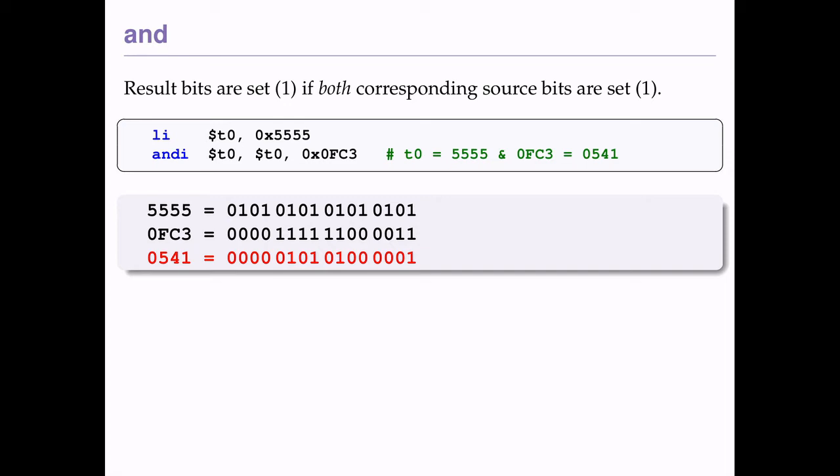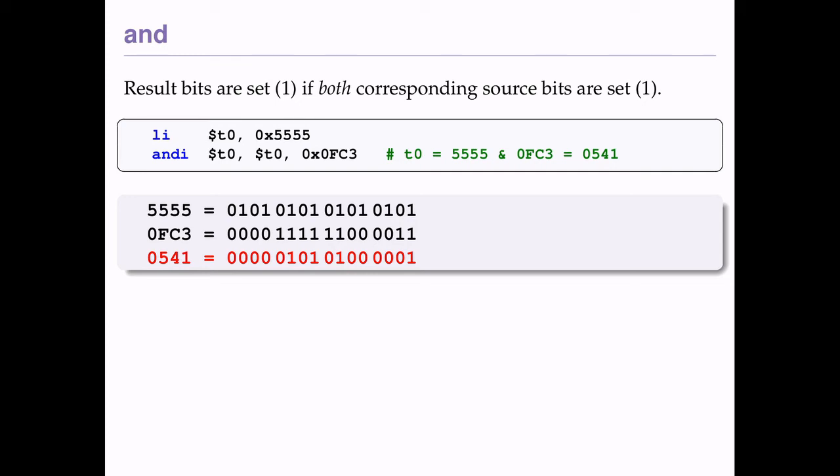You can see the result 0541 corresponds to the binary word where the 1 is set only when both of the original values have a 1. So both 5555 and 0FC3 have a 1 in the ones column, so we get a 1 in 0541. You should be able to tell this is just AND bitwise extended over 32 bits.